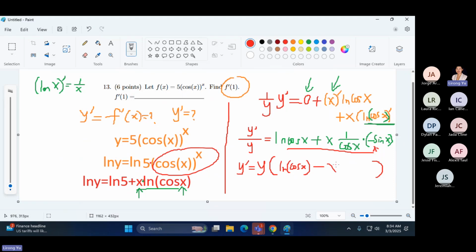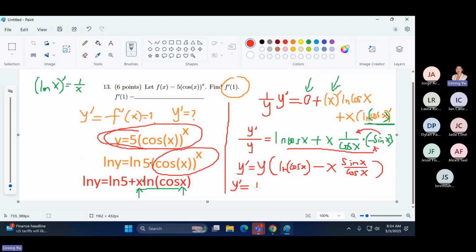So minus x times cosine in the numerator, and then the sine is in the numerator, cosine is in the denominator. So that's really sine of x over cosine x. But then sine over cosine is actually tangent x. So the final answer will be y prime is equal to y, this is y.